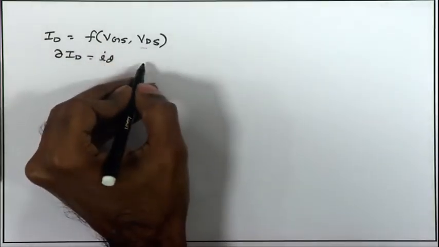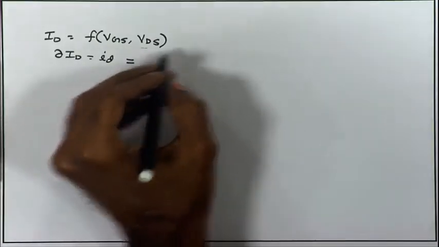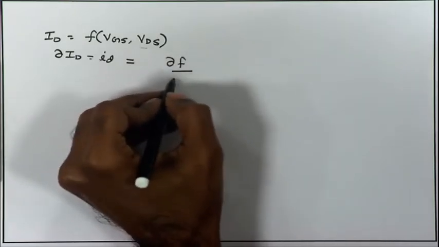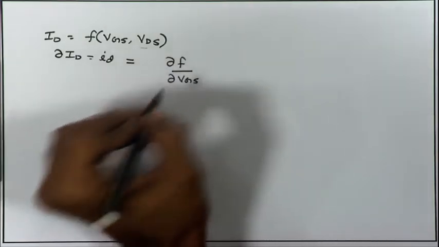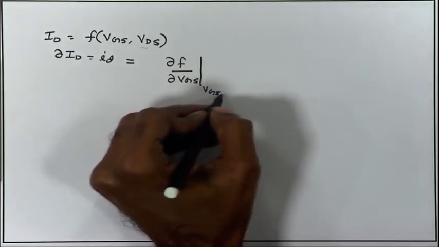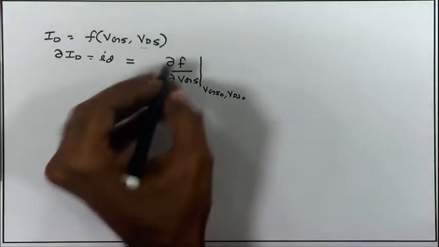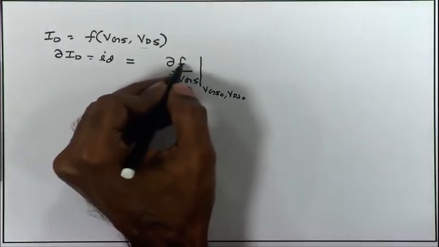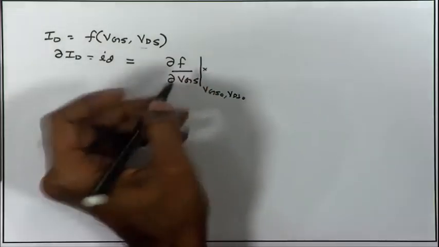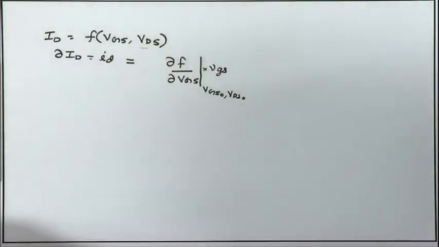these two quantities. So, to a first order approximation, if I just take a Taylor series expansion, I can write this down as del f by del Vgs at a particular DC point Vgs naught and Vds naught. So, we are calculating the slope at a particular Vgs naught and Vds naught, multiplying it by the small Vgs, that is the delta Vgs.